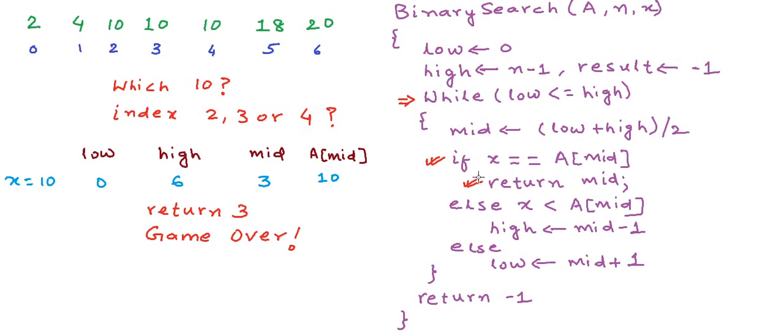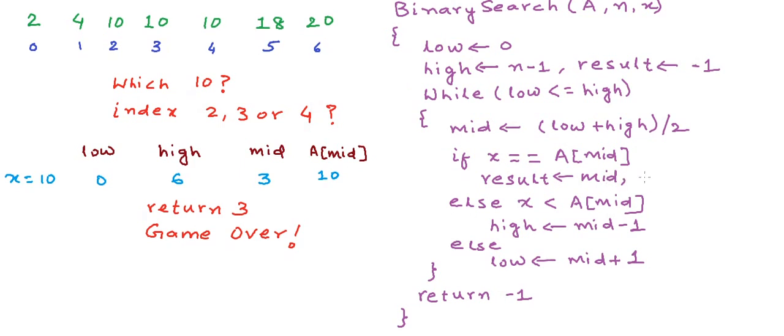Now when the condition is that x is equal to the middle element, instead of returning and exiting the execution of the function, we modify result to mid, the index at which x lies, and we adjust high to mid minus 1. Once again, I'm short of space here, so I'm writing 2 statements in the same line. So these 2 statements will execute if x is equal to the middle element.